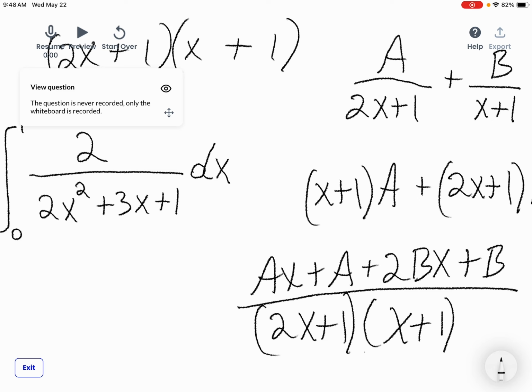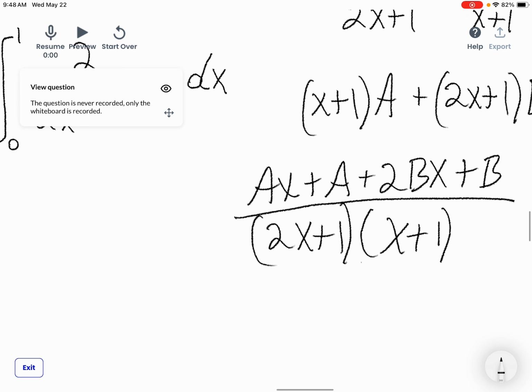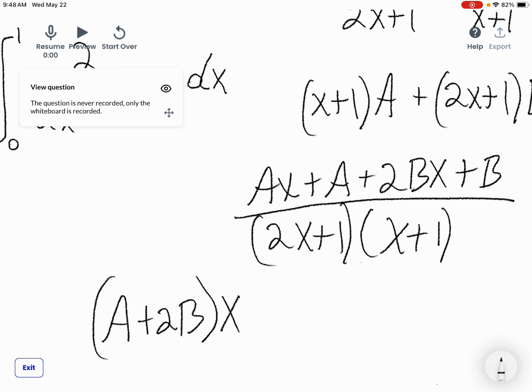And what we can then do is group the x terms and the constants together. So we can factor an x from ax plus 2bx, so we would have a plus 2b, all times x, because that gives us ax plus 2bx. And then we have plus a plus b.